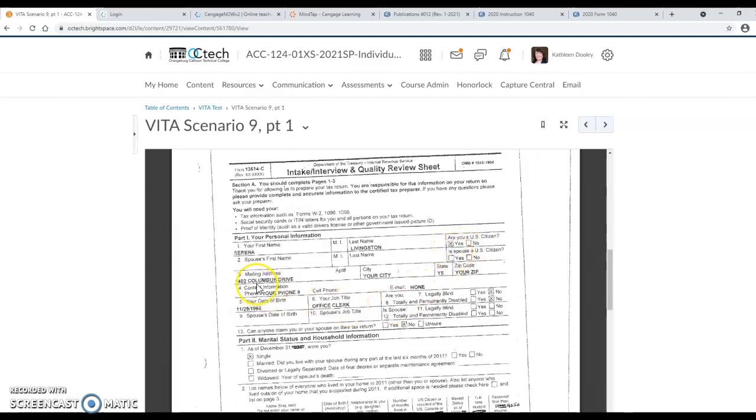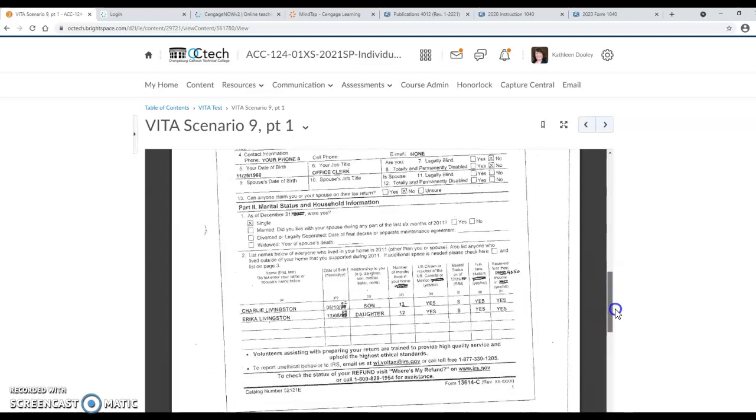She's a U.S. citizen. There's her address. There's her date of birth, okay, and her job title, the fact that she's not legally blind, she's not disabled, okay, that she is single as of December 31st. Here's the information about her two kids.